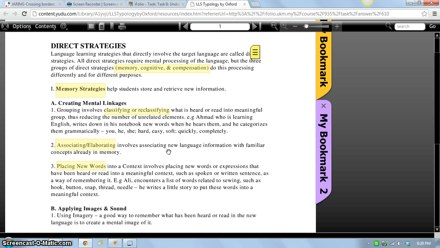My strategy or technique on how I remember the Oxford Language Learner Strategy typology. I believe that everyone has their own technique or strategy, different from each other, to remember and to memorize this typology.